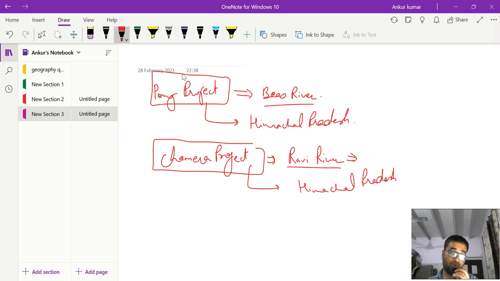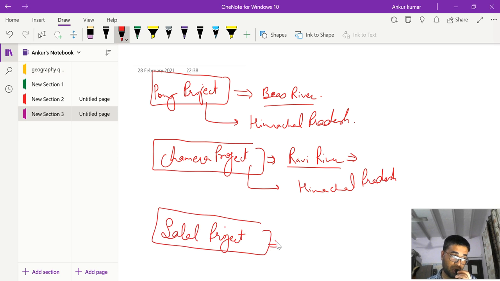Right. Moving on to the next project, that is the Salal Project. Salal Project is based on the Chenab River and is built in Jammu and Kashmir. Right.